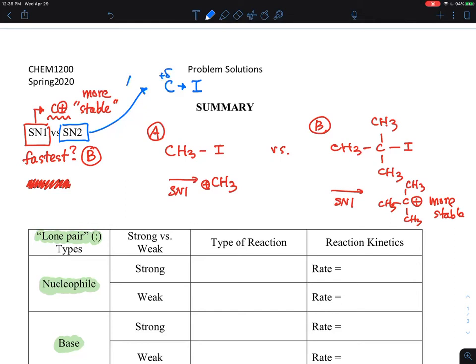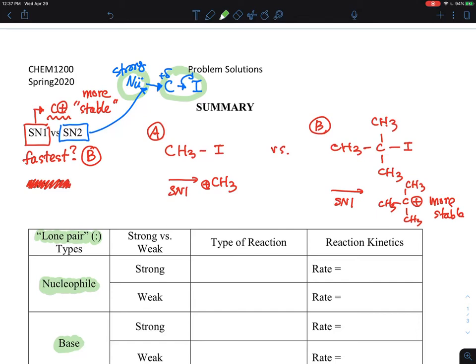Then you are looking for the nucleophile, a strong nucleophile trying to push in from the opposite side and force the leaving group out. So you have these two entities involved, the alkyl halide and the nucleophile, essentially colliding with each other, with inversion of the stereochemistry, right?